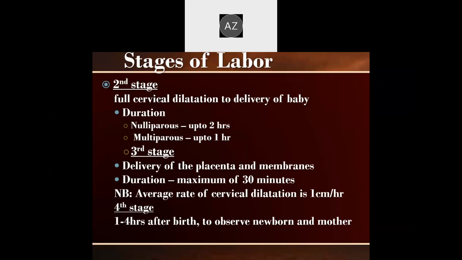The maximum time is 30 minutes, but it can reduce to 5 to 10 minutes when you use active management of the third stage of labor. Then we have the fourth stage of labor, from the end of the delivery of the placenta and the membranes, when you observe the mother and the baby from the first to the 4th hour after delivery.